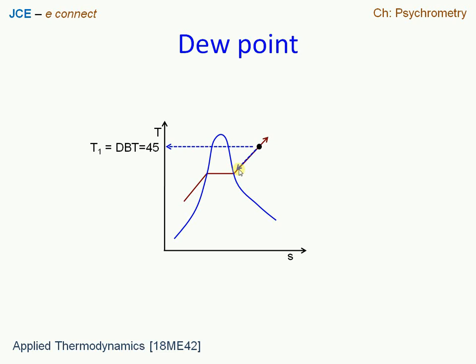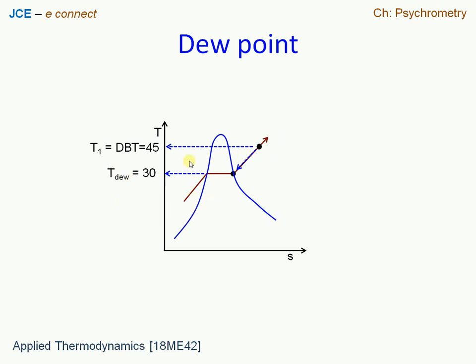It is still in the superheated region, but as soon as it touches the saturated vapor curve, there is dew formation. That means the vapor begins to condense. Therefore, that particular temperature along the y-axis is called the dew point temperature. Let's say this is at 30 degrees. This temperature is also the saturation temperature for the corresponding pressure.